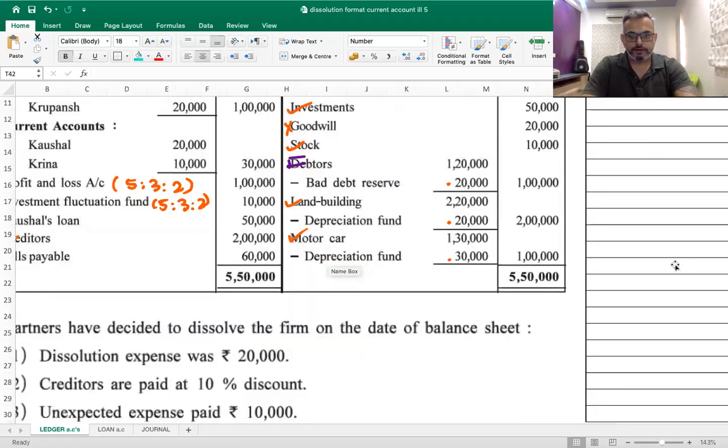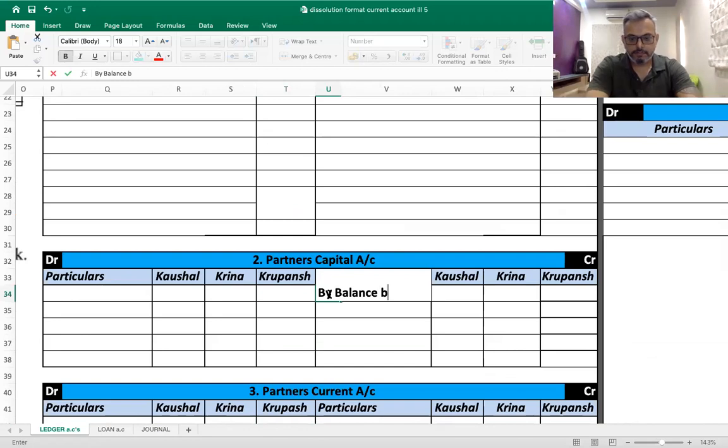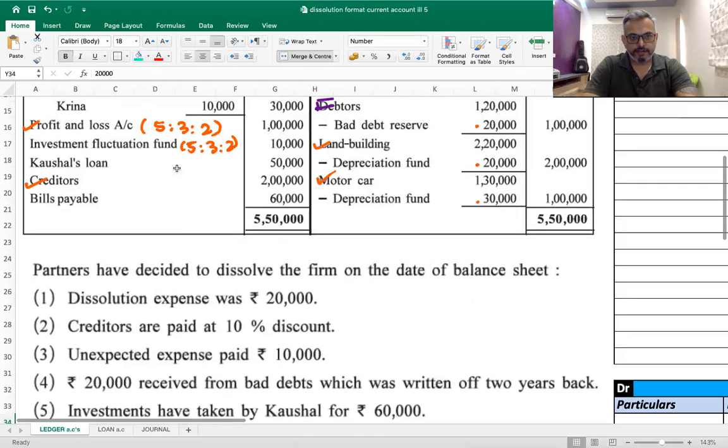Capital 50,000, 30,000 and 20,000. So balance brought forward: 50,000, 30,000, 20,000. Okay. We go to current account opening balances, check current account.